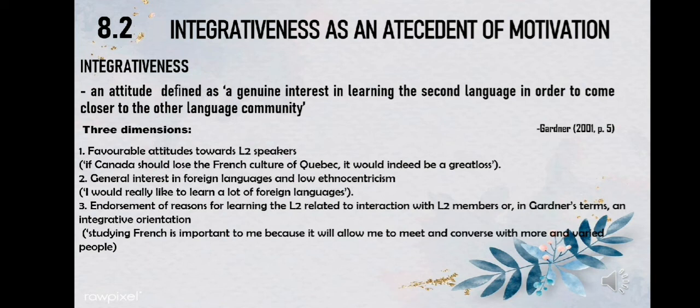Some signs of this extreme case of integrativeness can indeed be found in Kaplan's 1993 account, when she writes, why do people want to adopt another culture? Because there is something in their own they don't like that doesn't name them. So this is according to Kaplan.